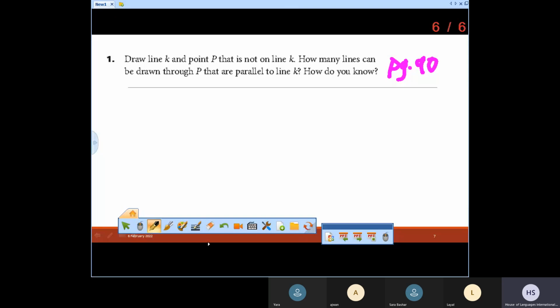Here we have line K and point P that's not on the line K. How many lines can you draw that are parallel to line K?